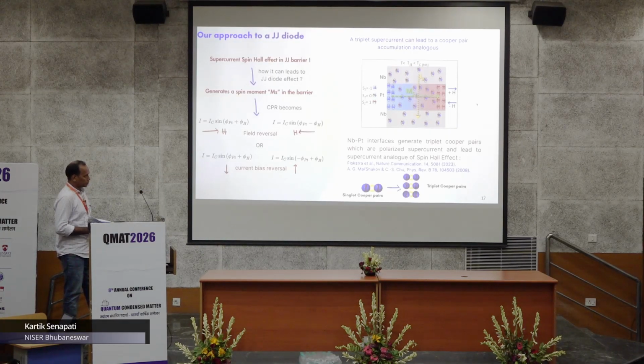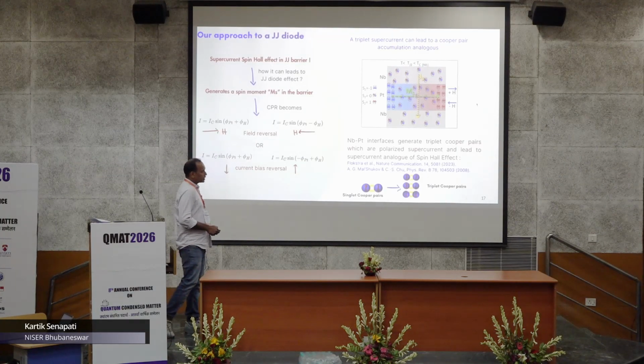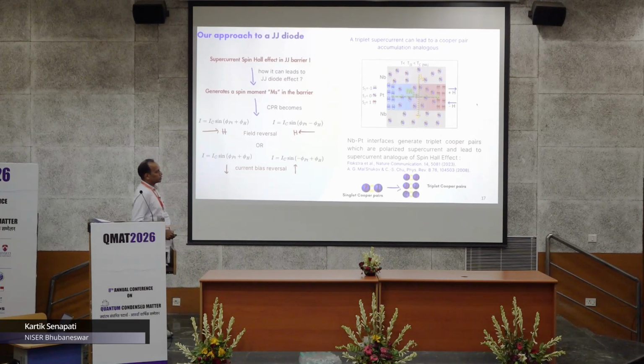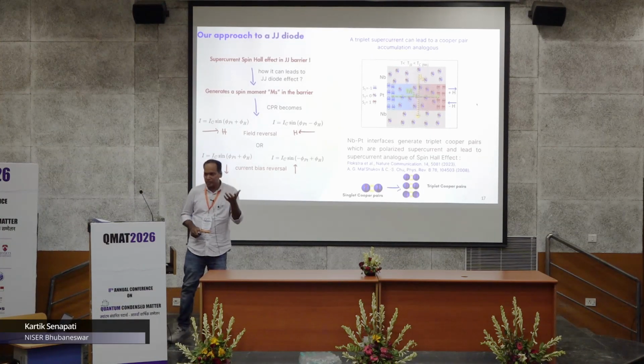So the triplet has up and down components, which are polarized. The normal Cooper pair is not possible to polarize, but these are already polarized, so there is no restriction on these being spatially separated. These theory papers have argued that if you have a supercurrent across this, you can expect separation of triplets to both sides, equivalent to what you have in the normal spin Hall effect.